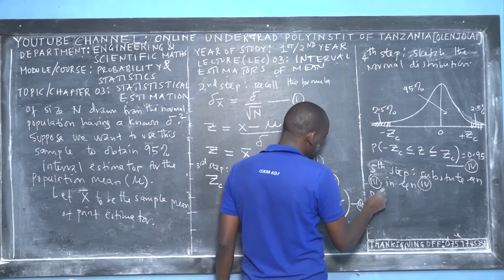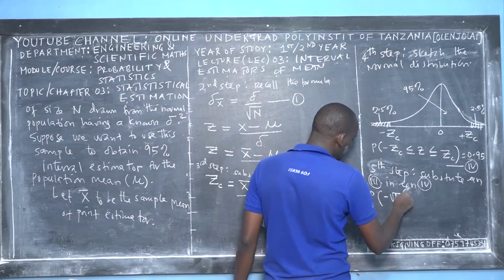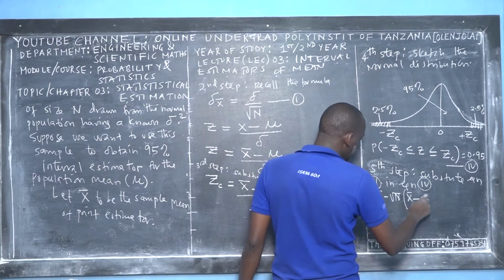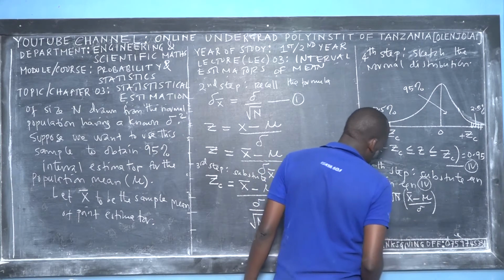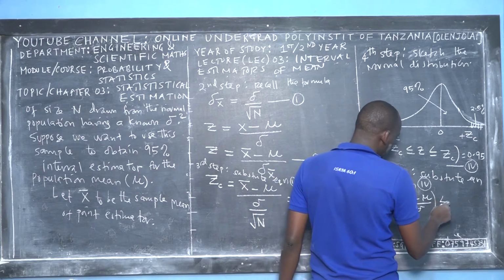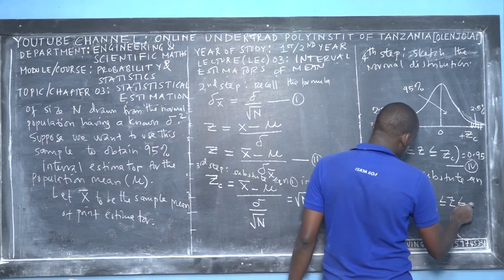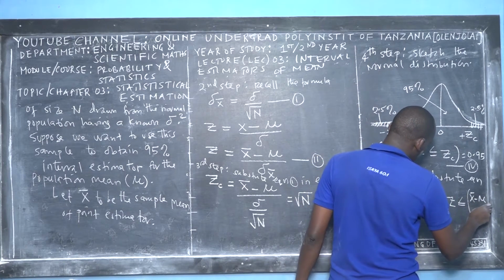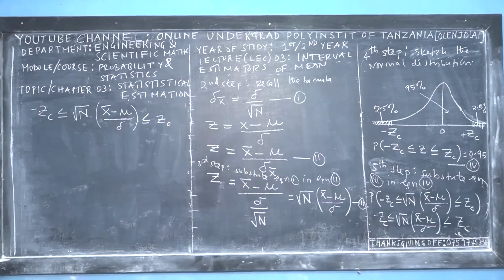So you say the probability of negative square root of sample size, and then we have point mean minus mean over standard deviation, less than or equal to the value Z, and this is less than or equal to mean minus this one over standard deviation.